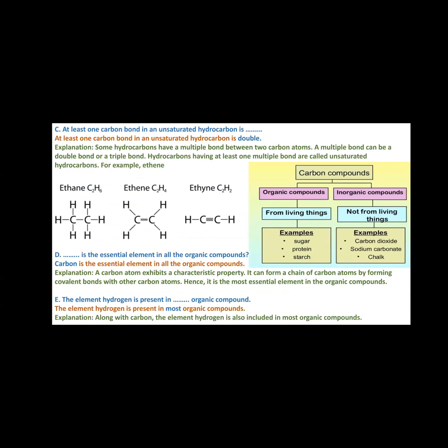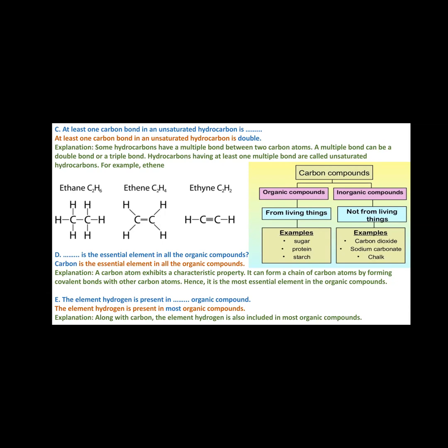Now question number 3, C. At least one carbon bond in an unsaturated hydrocarbon is blank. What type of bond should be there for unsaturated hydrocarbon? So the answer is: at least one carbon bond in an unsaturated hydrocarbon is double.